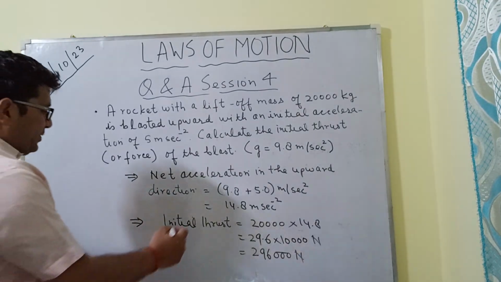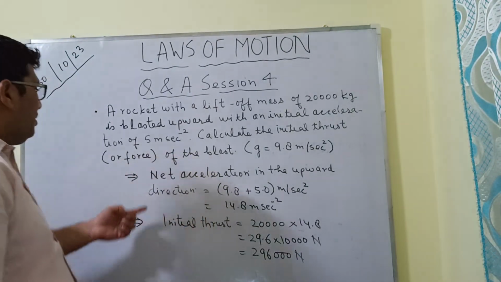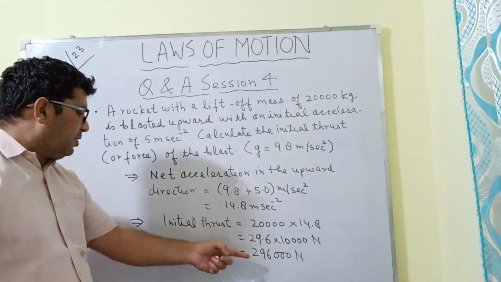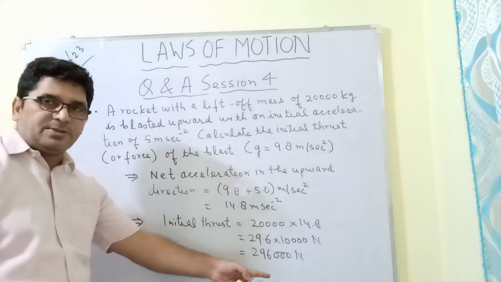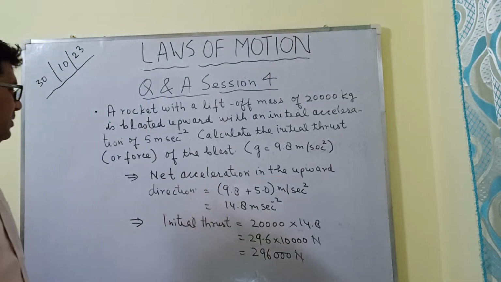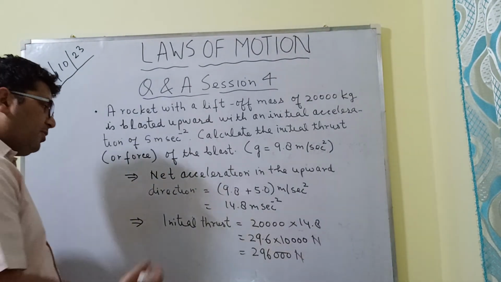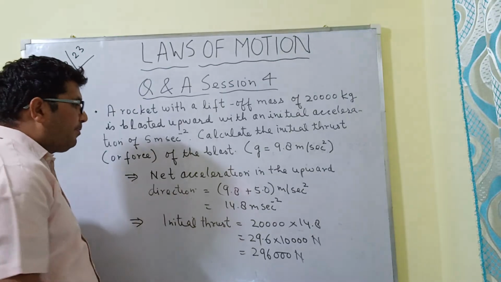So the initial thrust of the blast will be equal to 296,000 newtons.